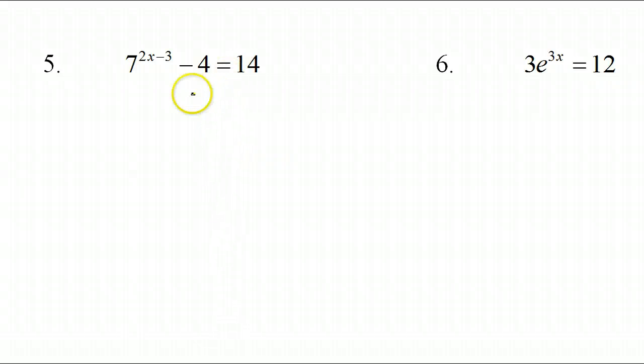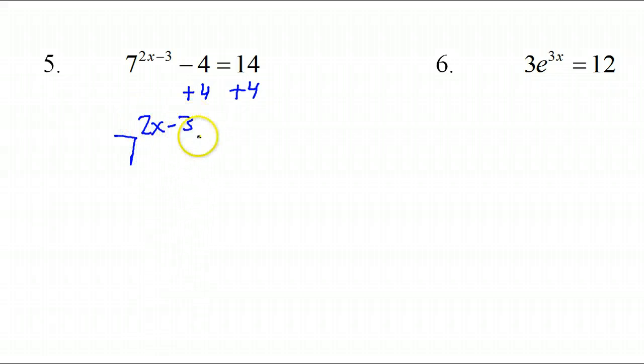Now this one's more back to normal. Let us get the exponential part by itself first. So add 4 to both sides. So that'll give me 7 to the 2x minus 3 power is equal to 18. So rewriting this in log form, starting with base.